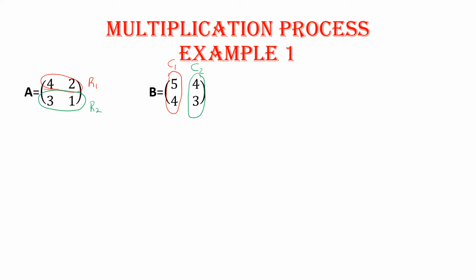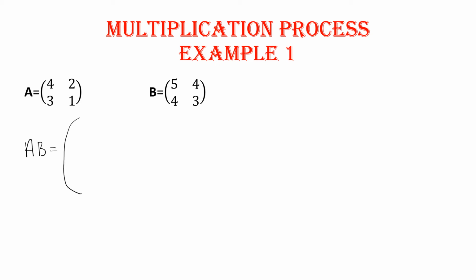I know, it sounds a bit tricky. But let's work it out and see if we can make sense of it. So if we have to multiply AB, that is A times B. We know the condition was met, but let's look and see how we multiply this. Look at the process. Row by column.